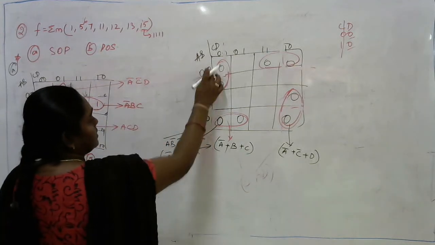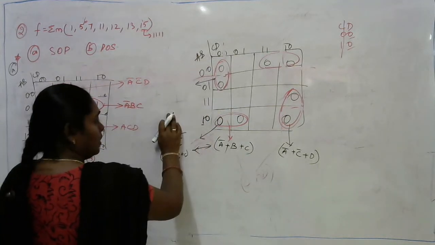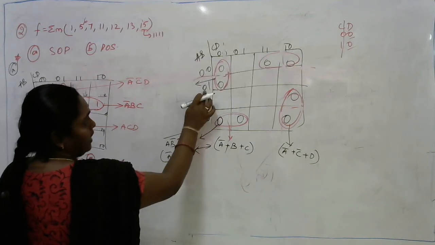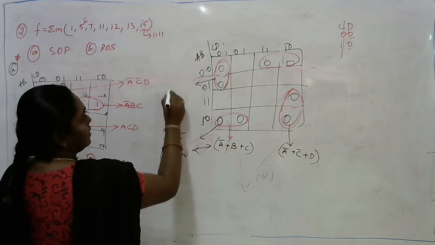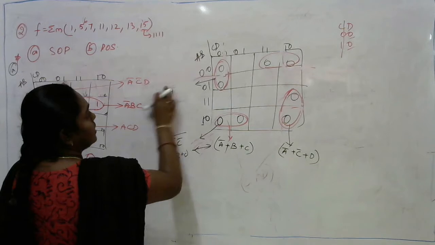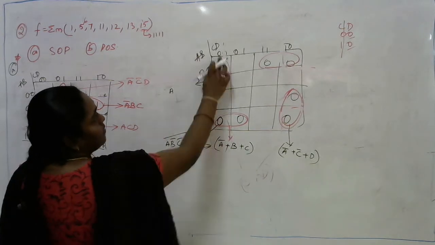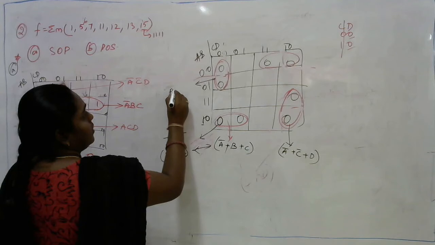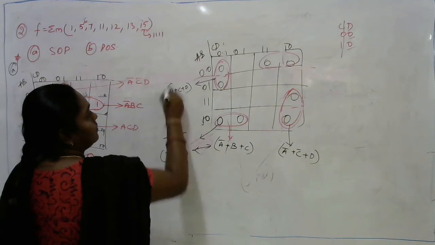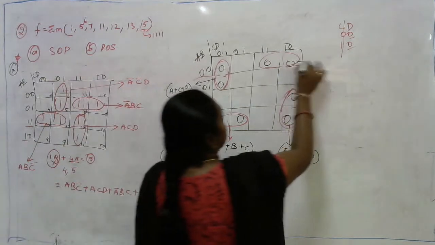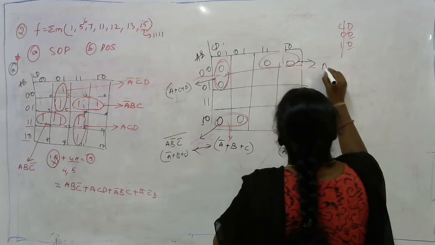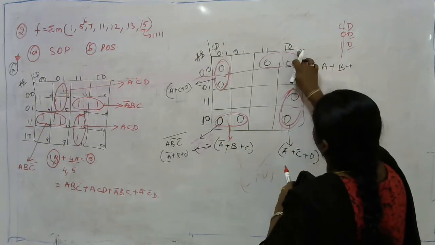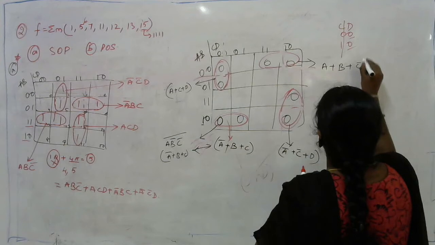Similarly, for this, as it is in two different rows, 0 0 and 0 1, B will be cancelled out, left over with A. Under A it is 0, but as it is in the POS, it is only A, it is not an A bar. Similarly, it is C D. In case of C D, single column, so it is A plus C plus D. And the last one is single row, that is A plus B, and two rows 1 1 and 1 0, D will be cancelled out, so left over is C bar.